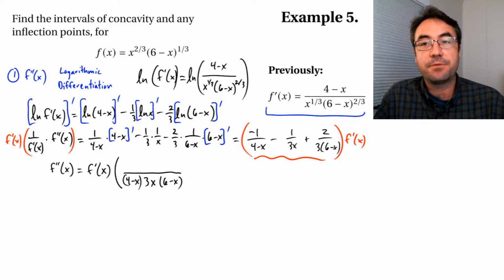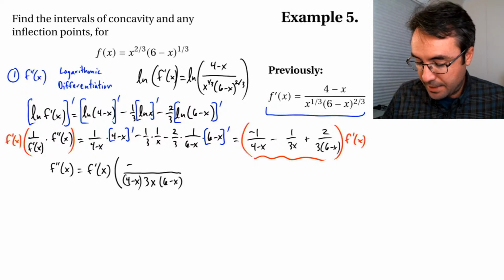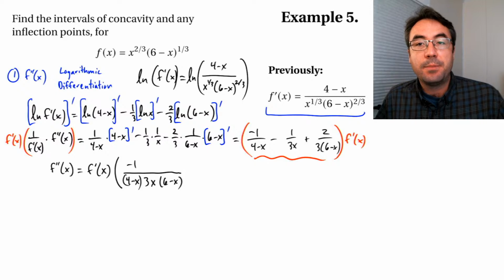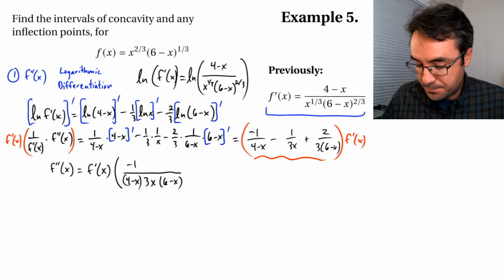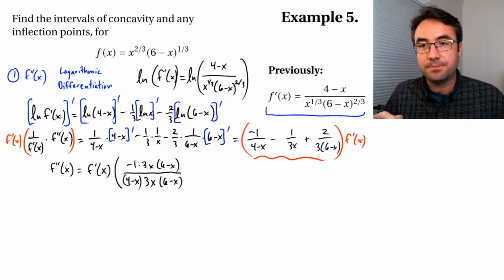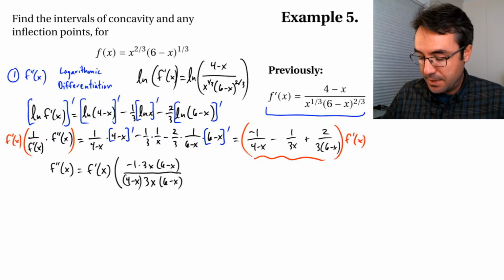And so for that very first fraction, what do we have to put in there? Well, we had a -1 up there originally, but we also have to throw into the numerator a 3, an x, and the 6 minus x.